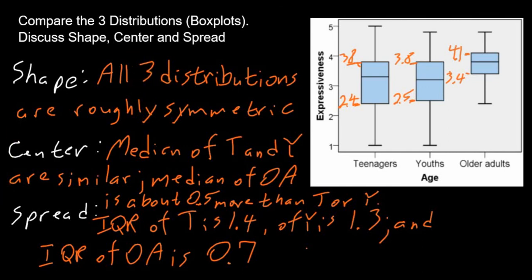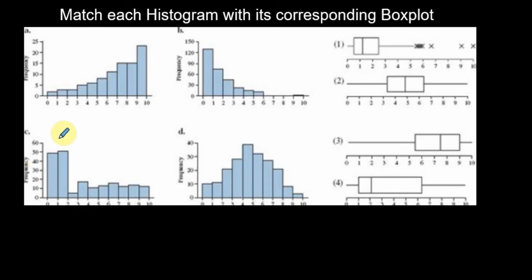All right. So now, something new that we haven't done before. Let's try to match these 4 distributions, these 4 histograms. They come from 4 distributions. And the same 4 distributions, we've created box and whisker plots. So now, which distribution gave us the same histogram and box plot?